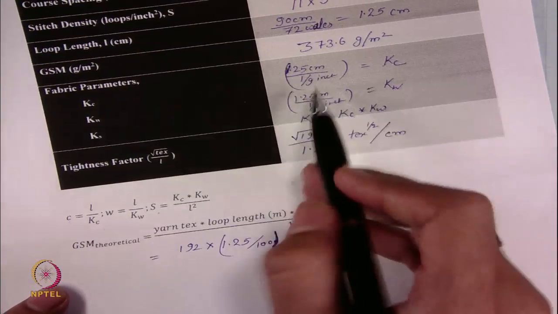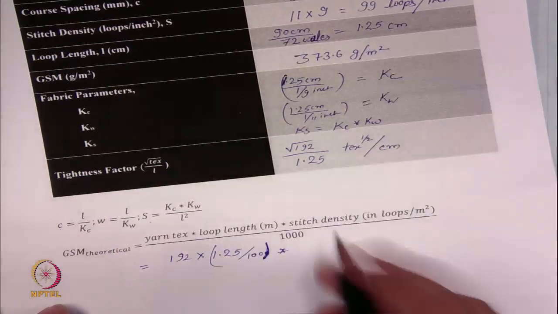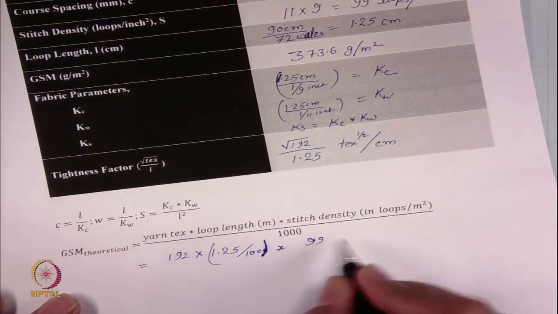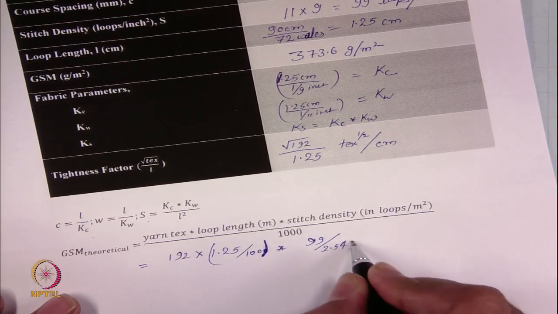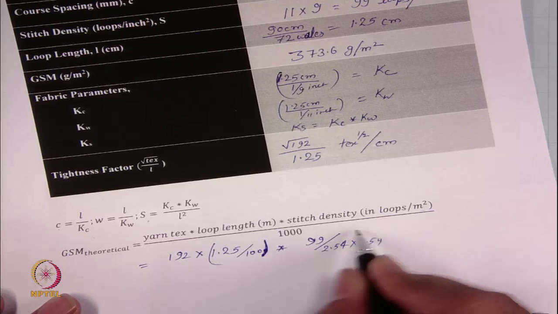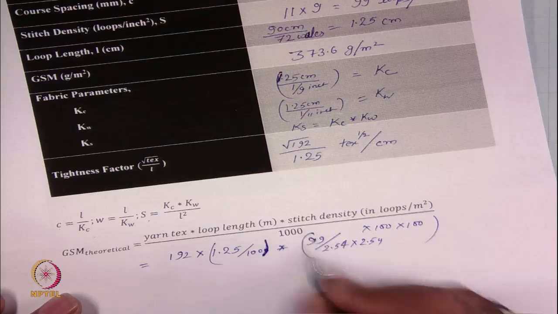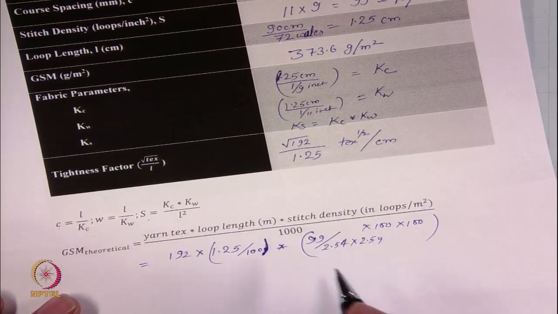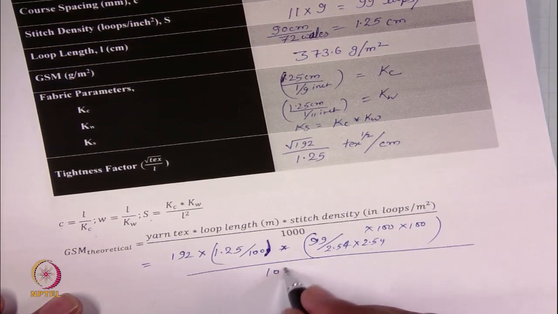So, if you see the stitch density, it is 99 loops per inch square. 1 inch is 2.54 centimeter into 2.54 centimeter, these are in centimeter, and you can multiply by 100 just to convert it into loops per meter square and divide by 1000.